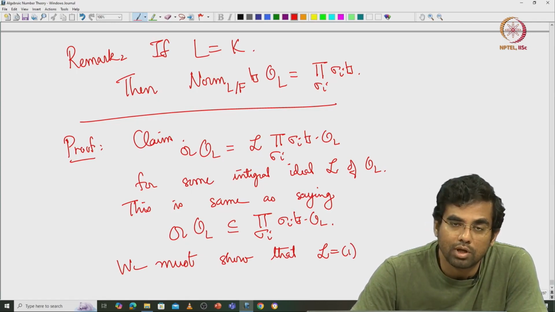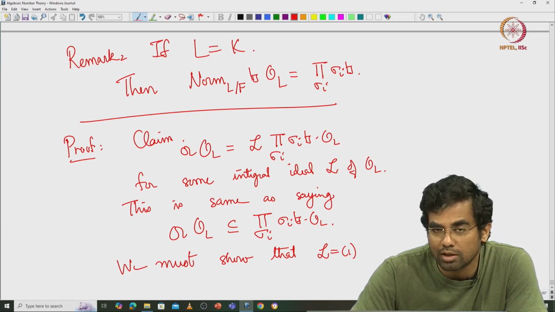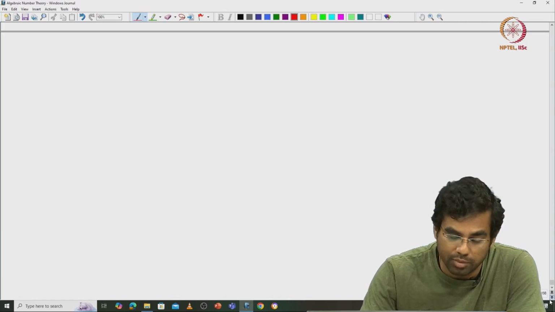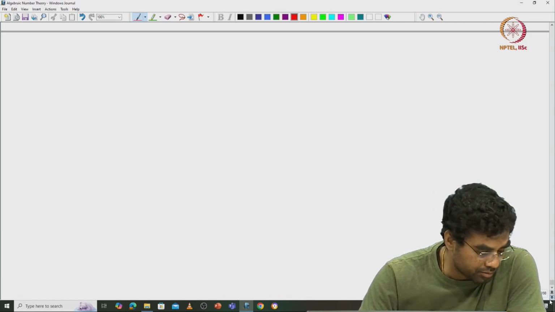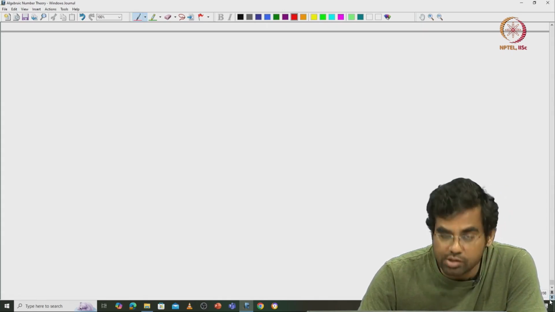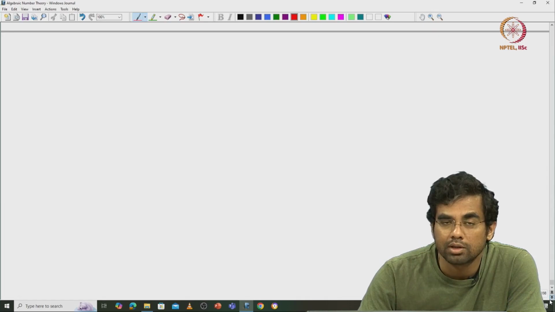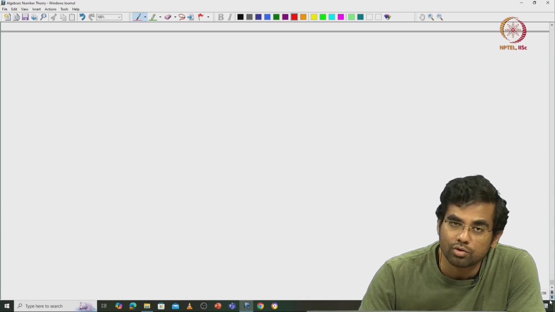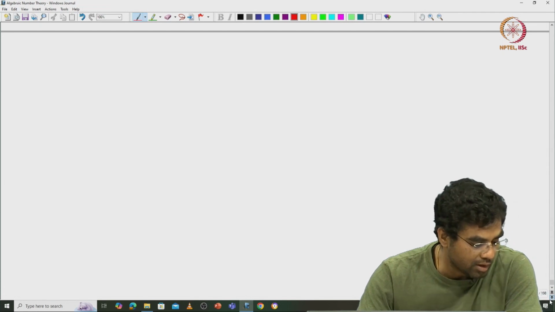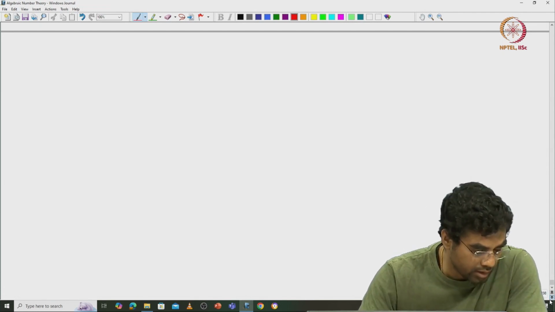You take something that is co-prime to that ideal, and then you show that the ideal is contained in that. For example, if an integer divides a prime number and that integer is co-prime to that particular prime, then that integer has to be 1. It is similar to that.